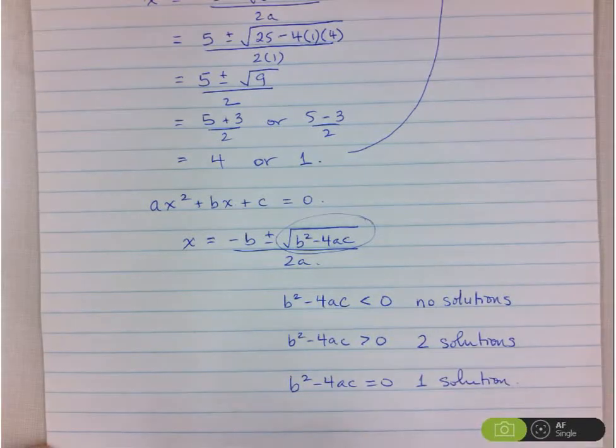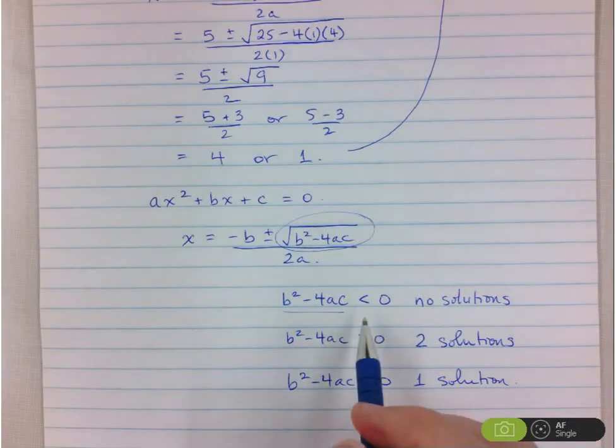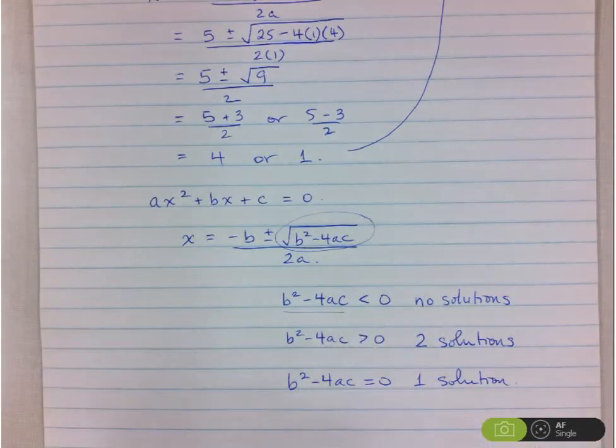So keep that in mind, that if all they want to know is whether the equation has 0, 1, or 2 solutions, the only thing you have to check is b squared minus 4ac. Depending on whether it's positive, negative, or 0, that'll tell you how many solutions there are.